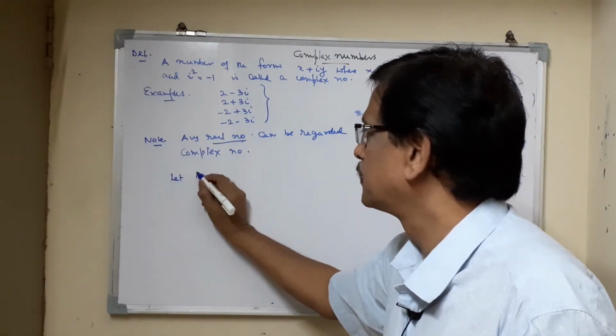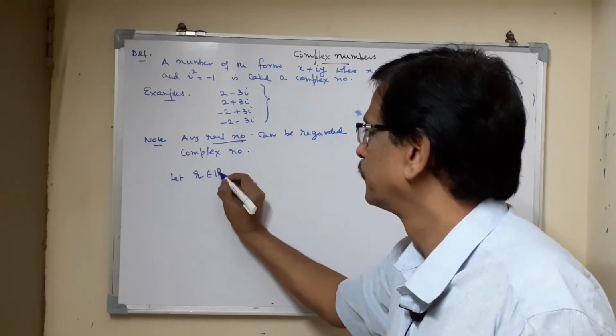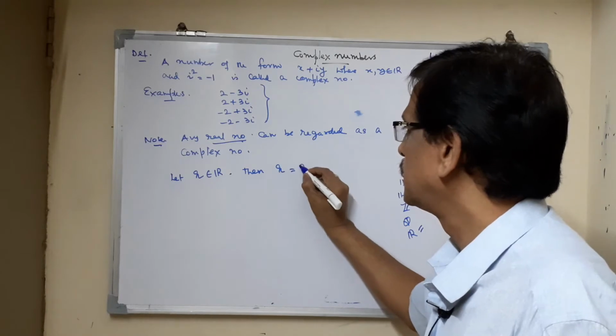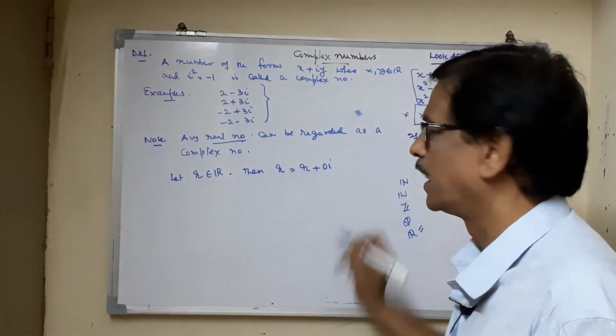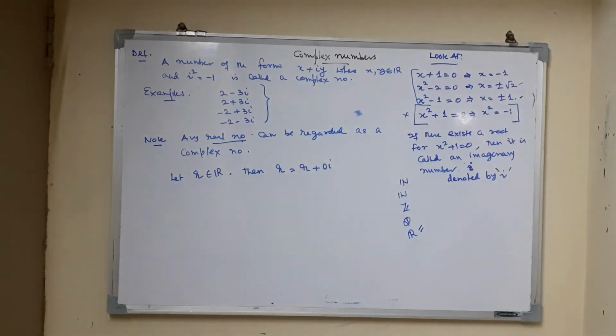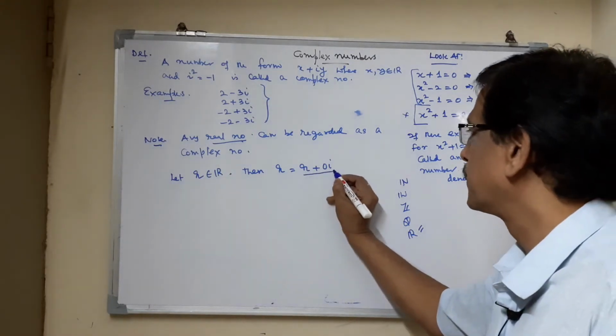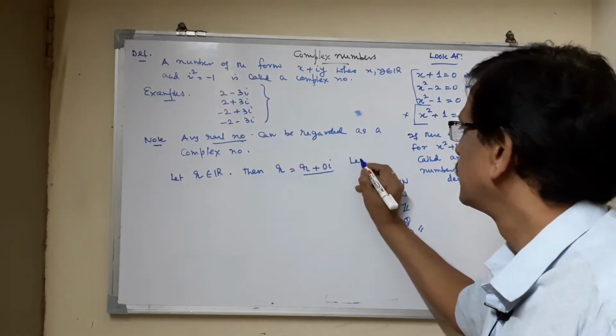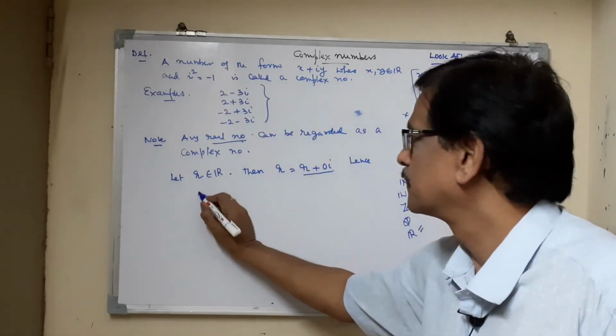Let r belong to R. Take a real number. Then r can be written as r plus 0i, since 0 into i is 0. So r can be written as r plus 0i, which is in the form of a complex number. Hence r is a complex number.